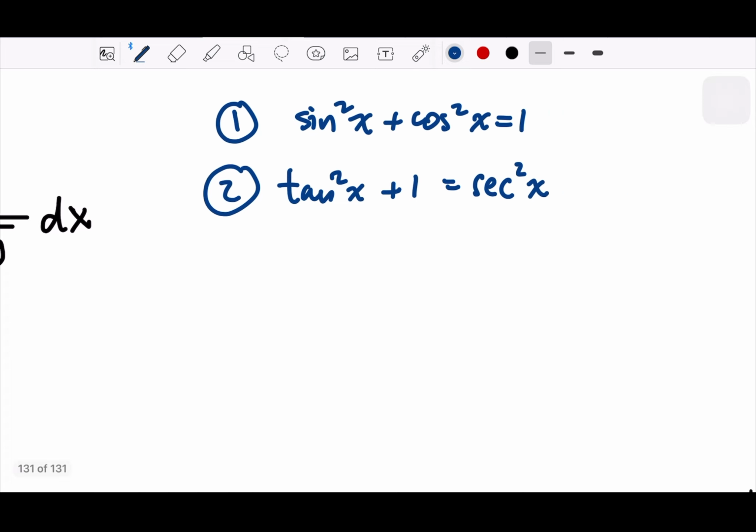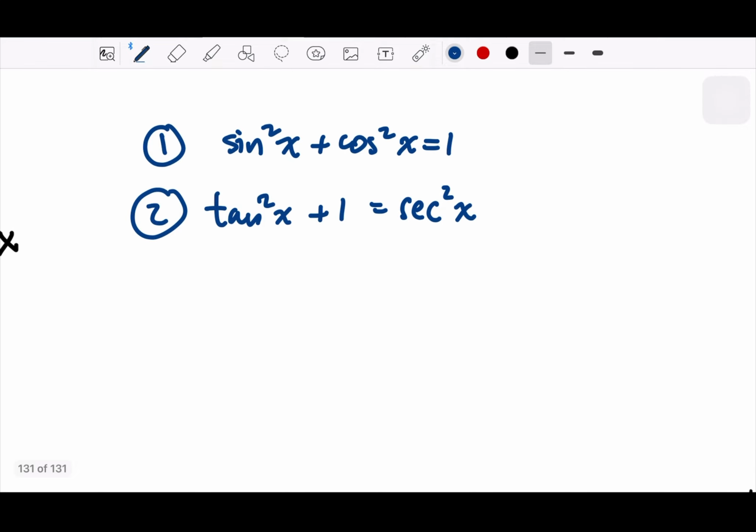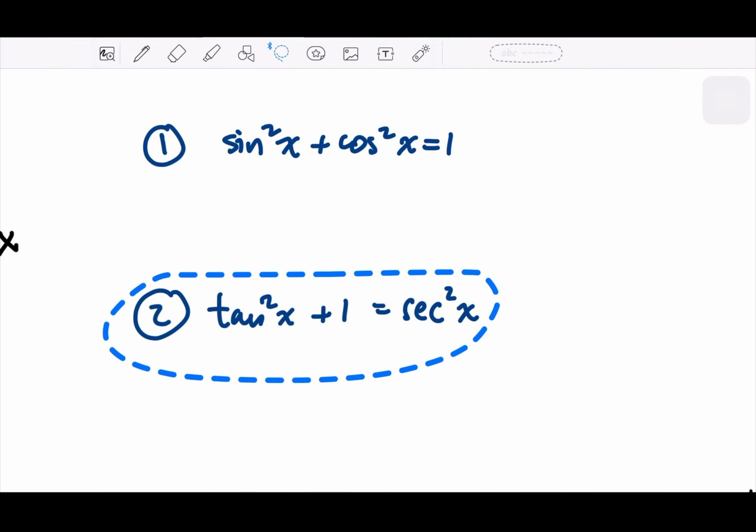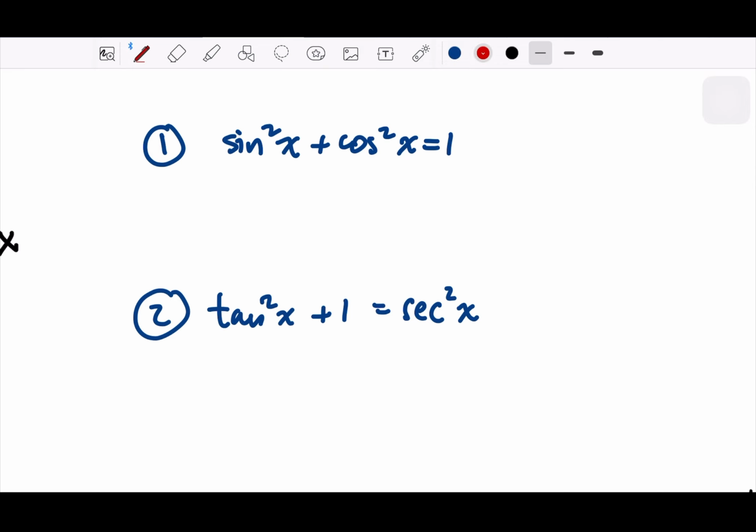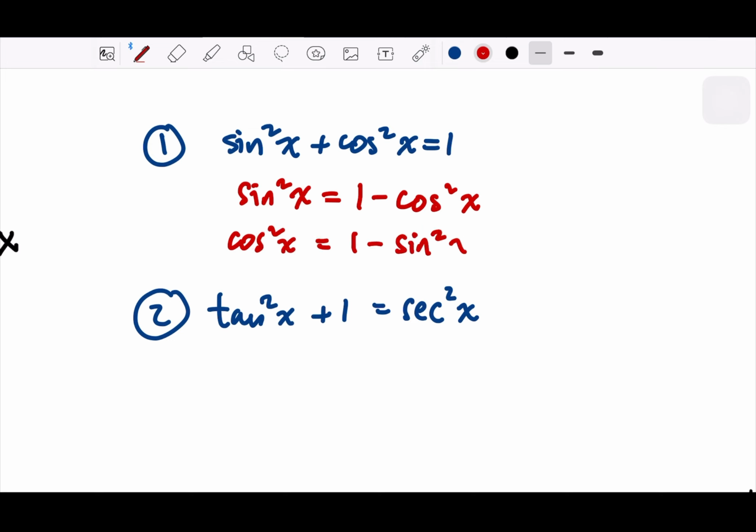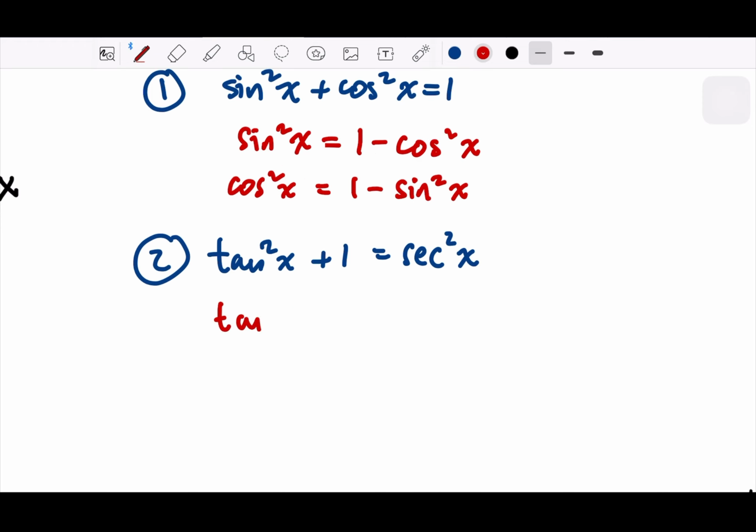Now if we look at how this can be rearranged, if we take the sine squared, we can rewrite this as 1 minus cosine squared x. And in cosine squared, we can also write the same thing like that. And for the tangent, we can write tangent squared as secant squared x minus 1. Yeah, I think just this one, right?